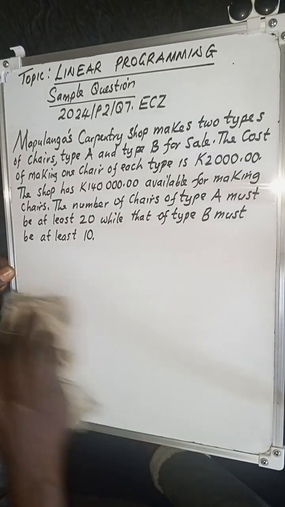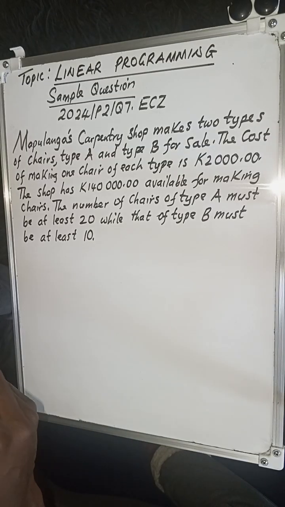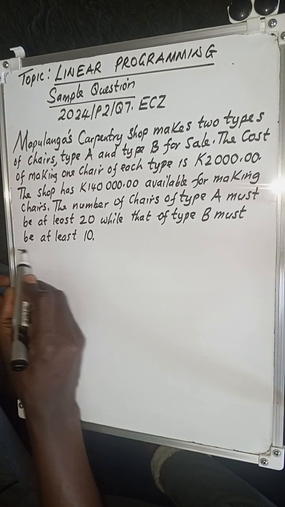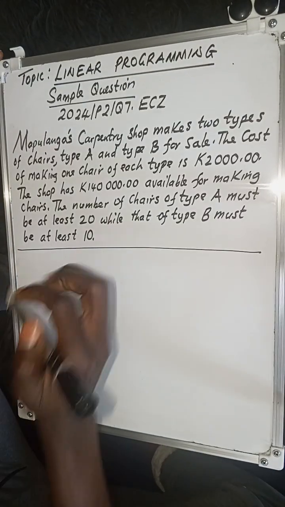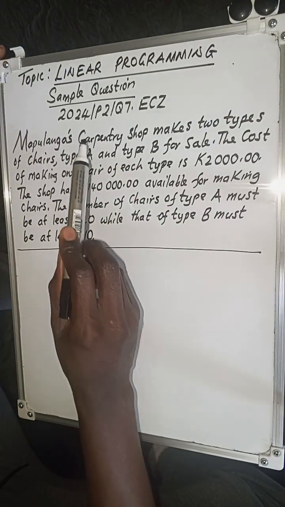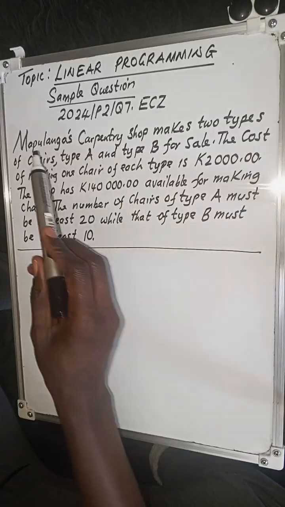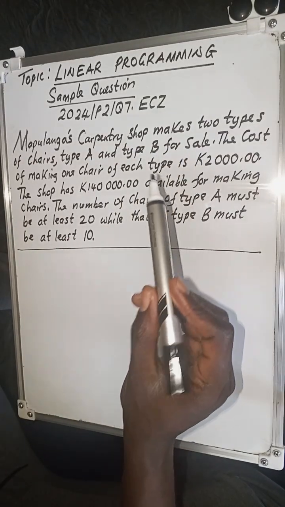Okay, so from the conditions, they have given you the conditions in the statement, so you need to read the conditions from the statement. Remember that Mapulanga carpentry shop makes 2 types of chairs.